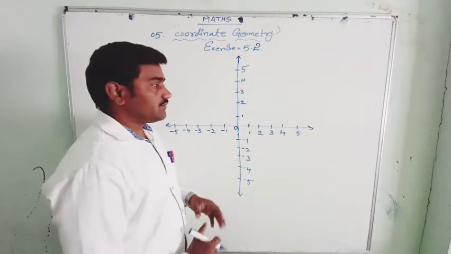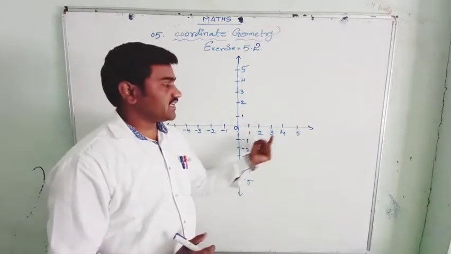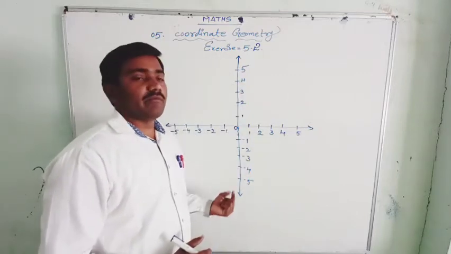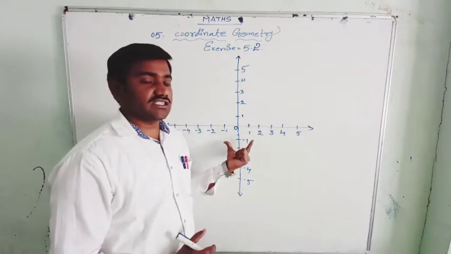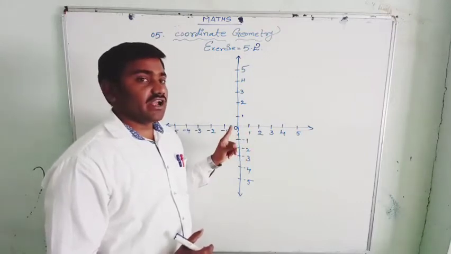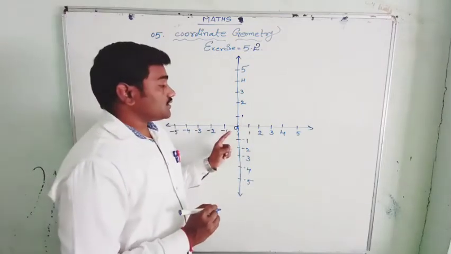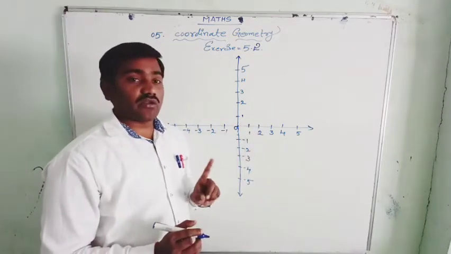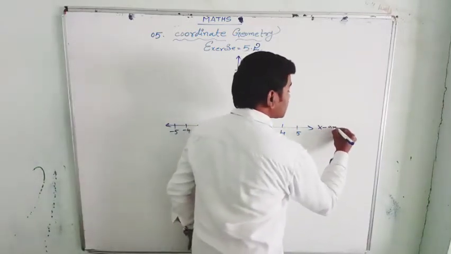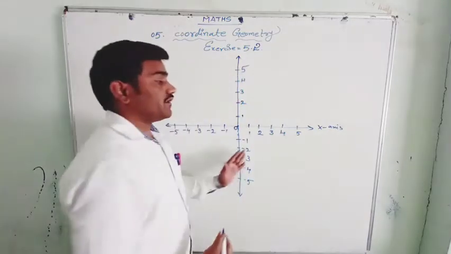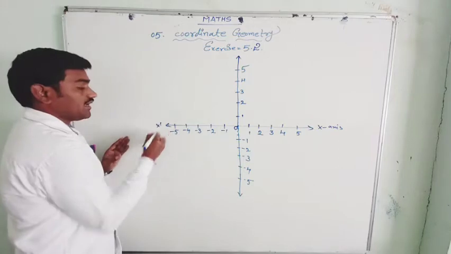Hence, we can say the axes are number lines. These two axes are intersecting each other perpendicularly at the common point 0. The horizontal axis, where the positive values are, is known as the x-axis and x dash.